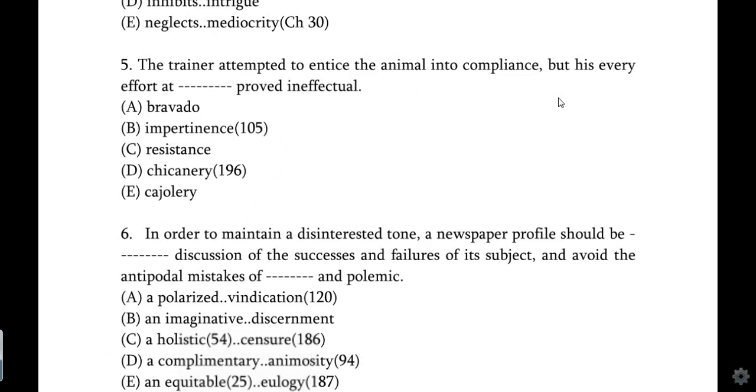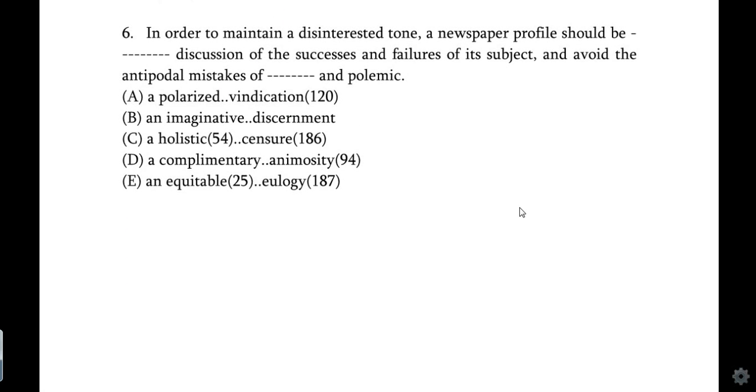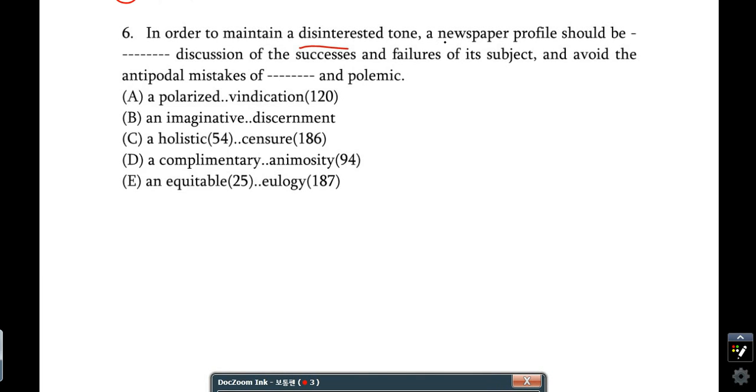And finally, number 6, in order to maintain a disinterested, or actually disinterested means not biased, tone, a newspaper profile should be a not biased discussion of the successes and failures of its subject and avoid the antipodal or polarized mistakes of whatever is the opposite of polemic.